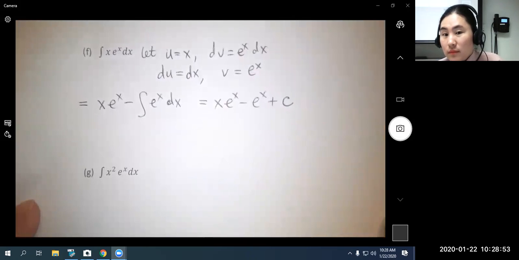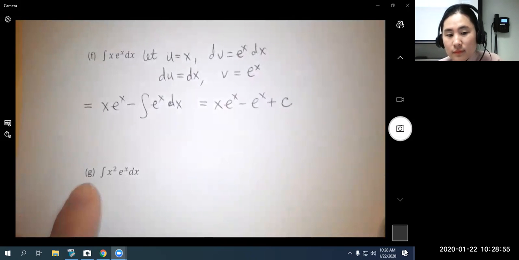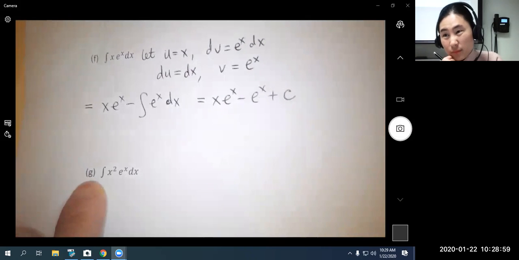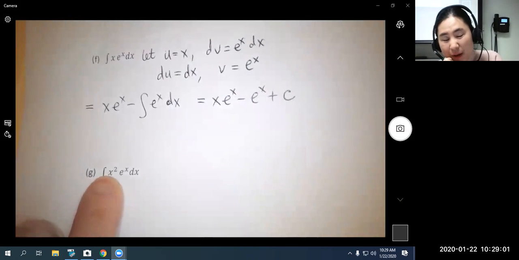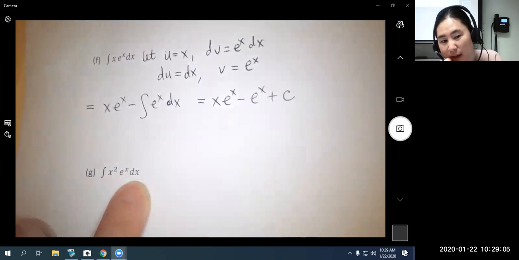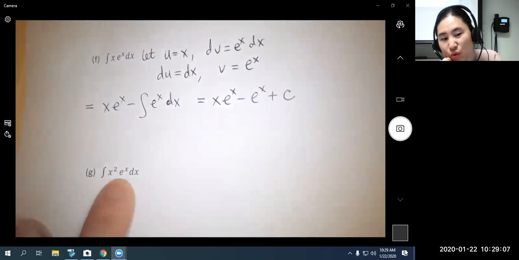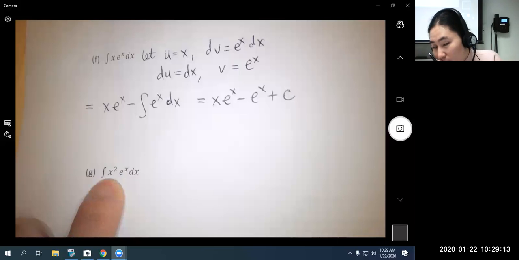Similarly, question G. If we have a polynomial, which is a power, times e to the x dx, which function do you want to choose to be our u? e to the x or x squared?